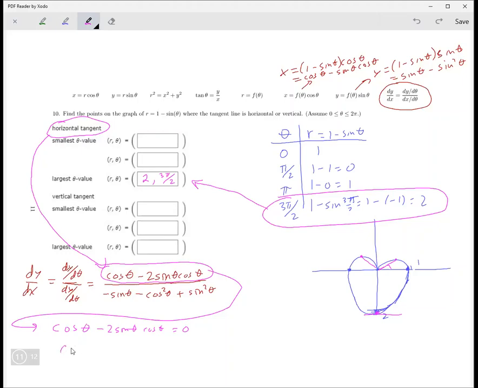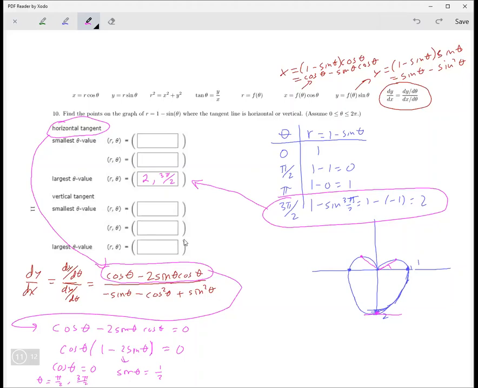Here we can factor a cosine theta out. And so you're looking where cosine theta is 0, or where sine theta equals 1/2. Okay, this one happens where theta is pi over 2 and where it's 3 pi over 2.